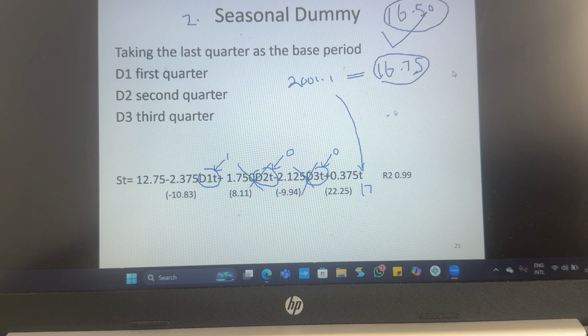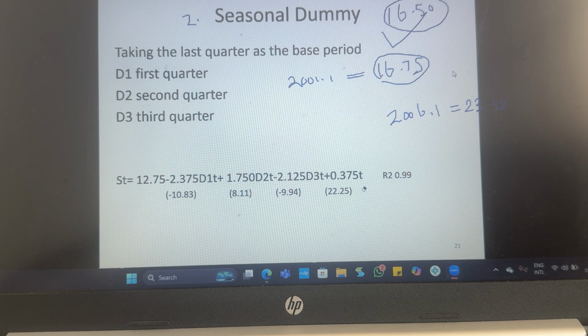To test it again, you forecasted this one as well. According to the ratio to trend method, you got somewhere around 24.48. Now, according to the seasonal dummy method, what is this number? What is the number here that you need to use for 2006 first quarter?